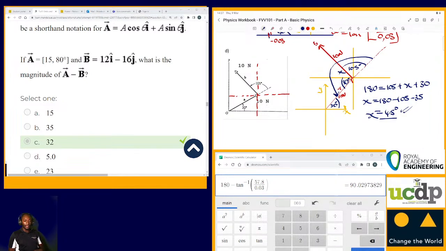If you managed to comprehend this, Linda, how we have arrived at x being 45: we've simply used the principle that angles on a straight line add up to 180 degrees.